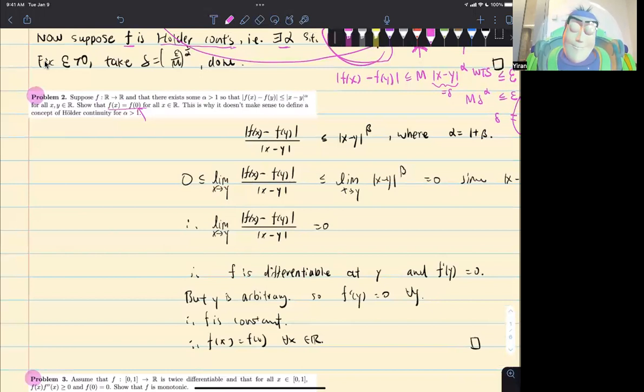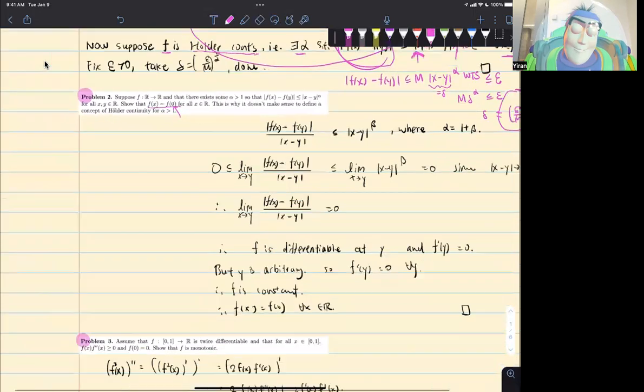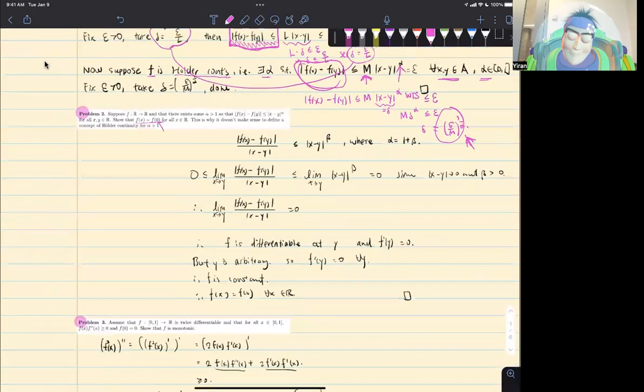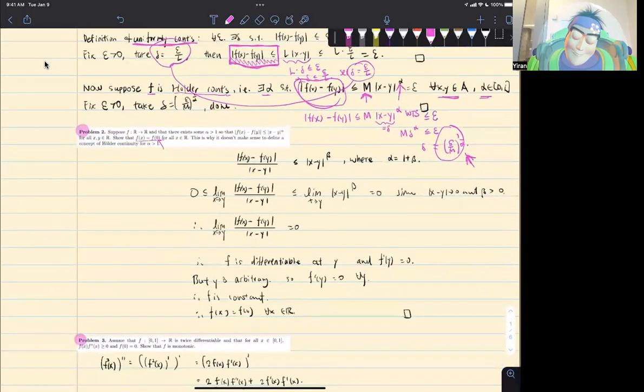And then what we have is a Holder's continuous function. I think the hint here is that the problem has alpha larger than 1, right? That is something making this problem a little bit interesting.